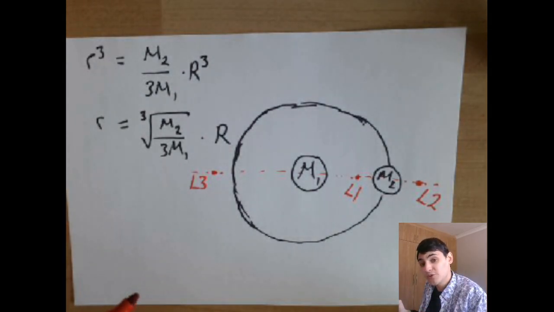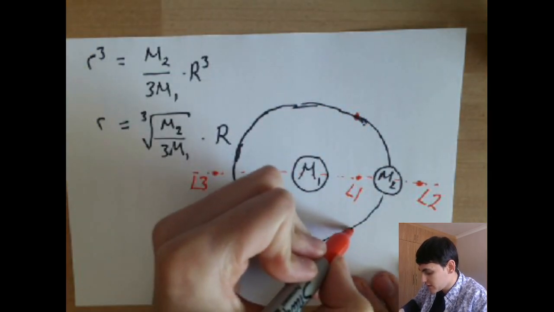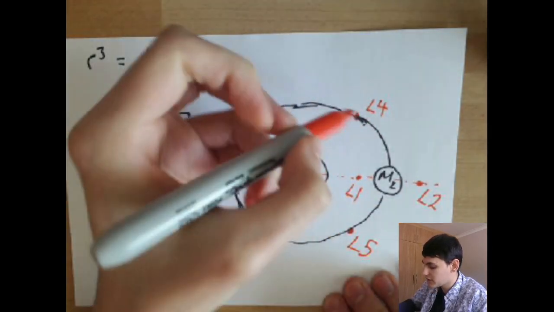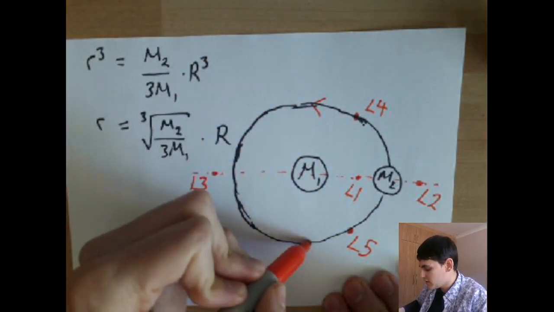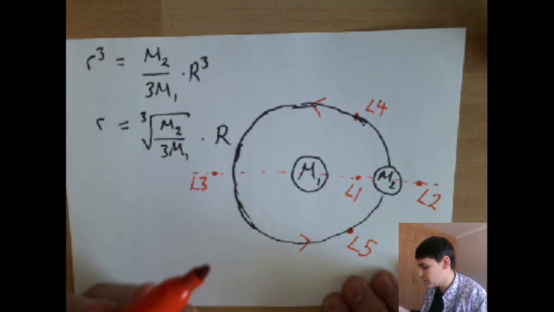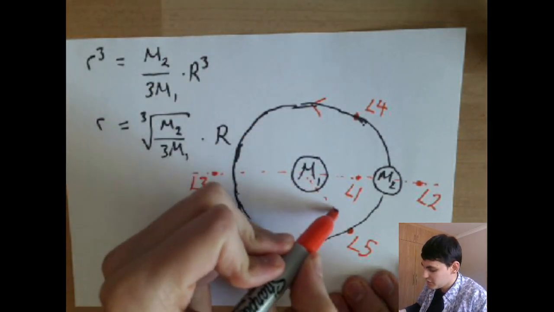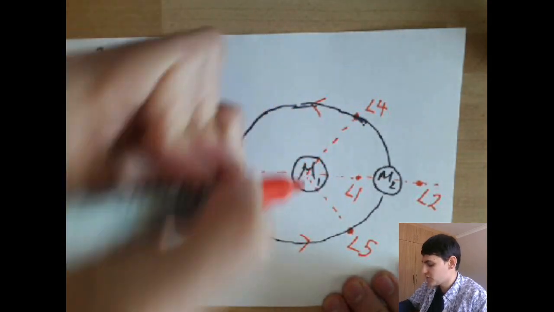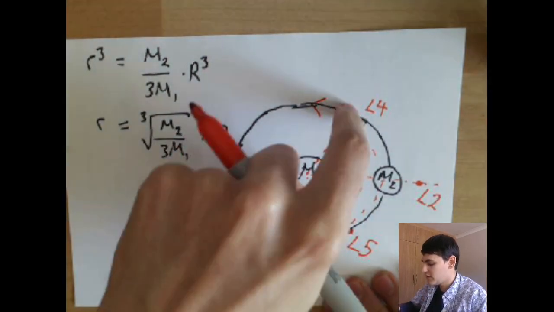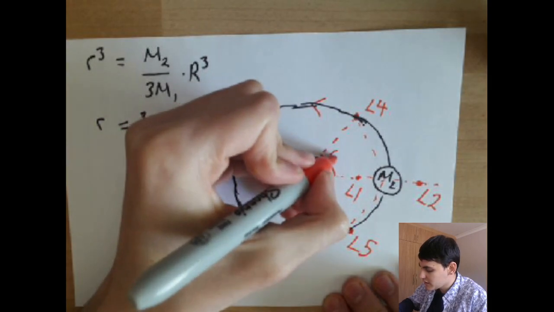But the other 2 points are here and here. The one over here is L4 and this one is L5, and we assume that it is an anticlockwise orbit, or prograde as it's called in astronomy. These points are situated such that if you draw a triangle between these points and M1 and M2, you end up with an equilateral triangle.